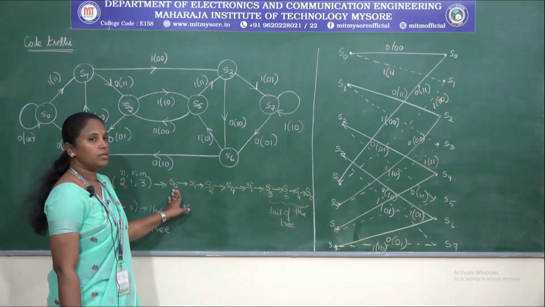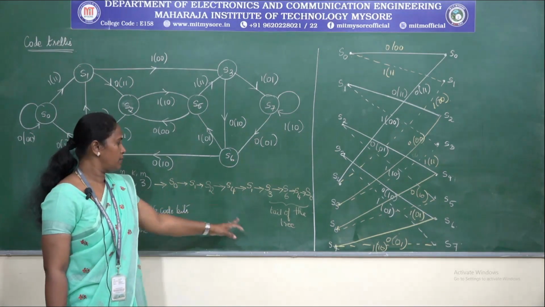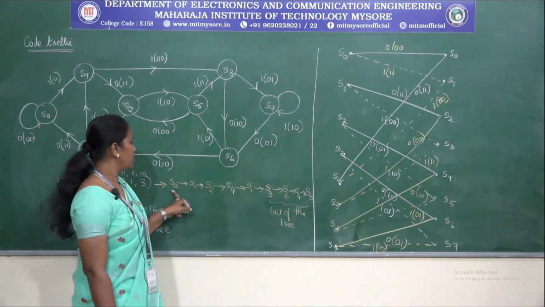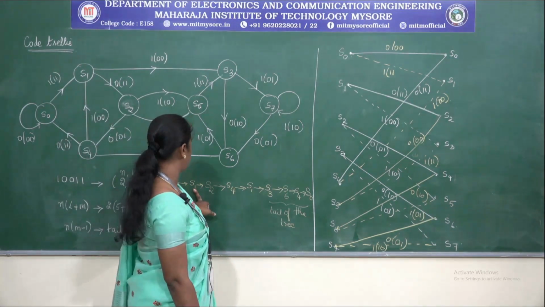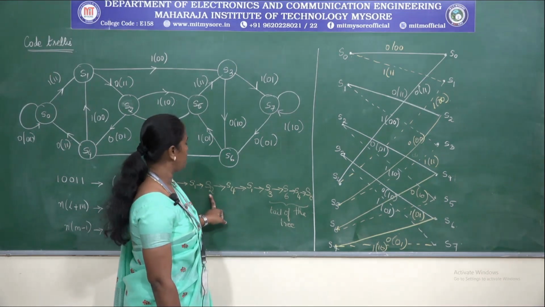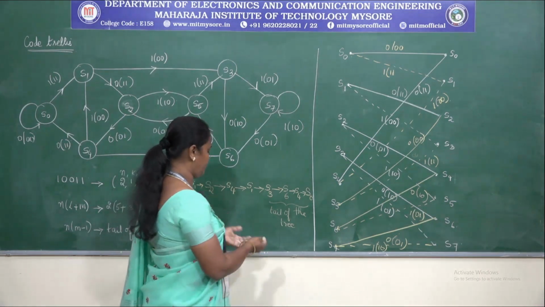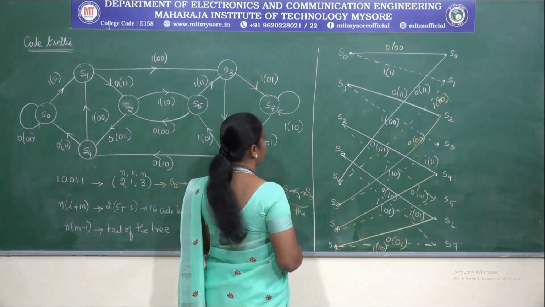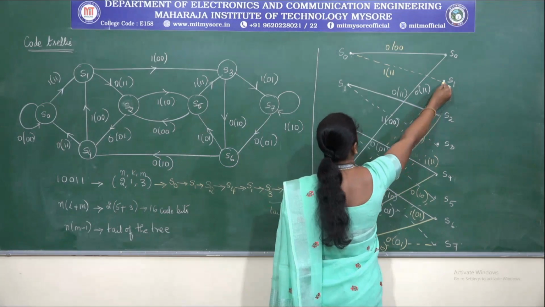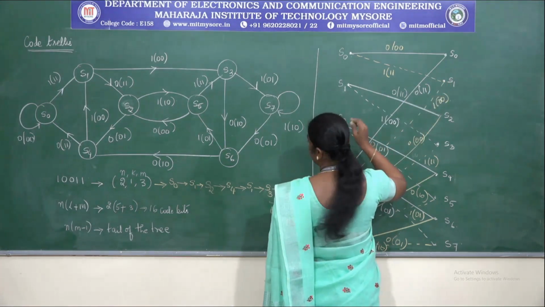So now you need to represent this same sequence in this manner. From S0, it makes a transition to S1. From S1, it has to make a transition to S2.